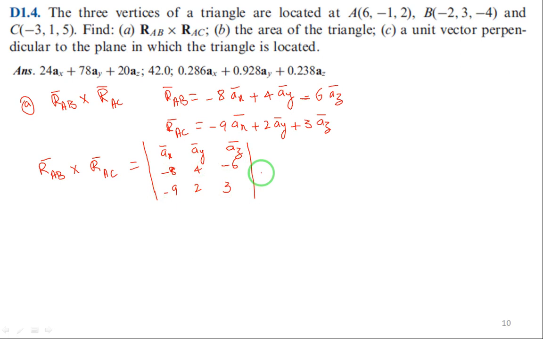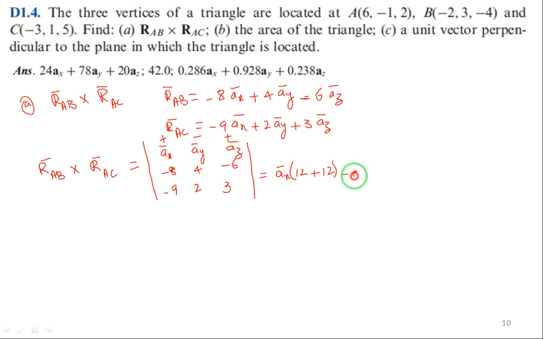So you know how to solve the determinant. I will write down here: A_X vector into, leave this column, leave this row, 4 3 is 12, minus of minus 2, minus plus, it will become 6 2 is 12. Next, you know the sign convention, plus minus plus.